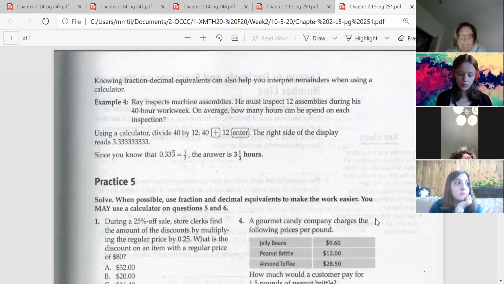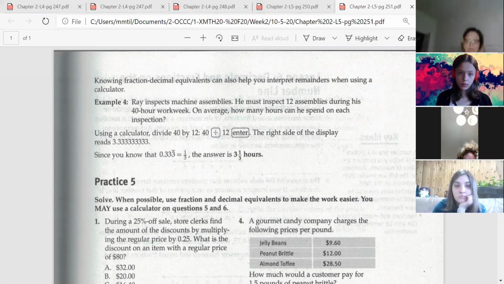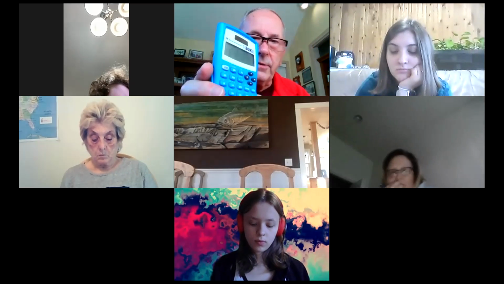We talked about the only calculator you need is this one or something similar to this, the TI-30X. It costs $11 and does everything you have to do in this course for sure. And it does a little more than what you need in this course too.